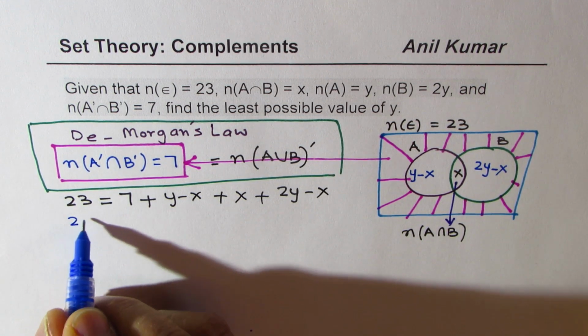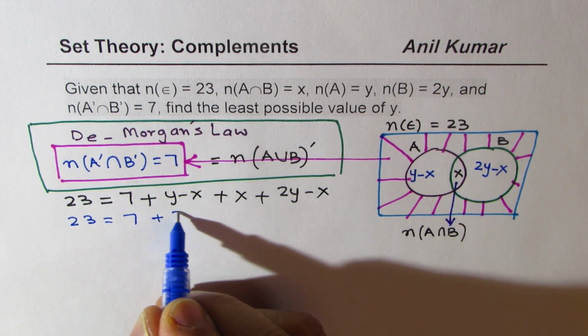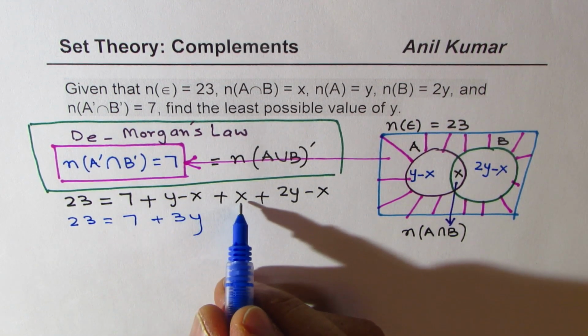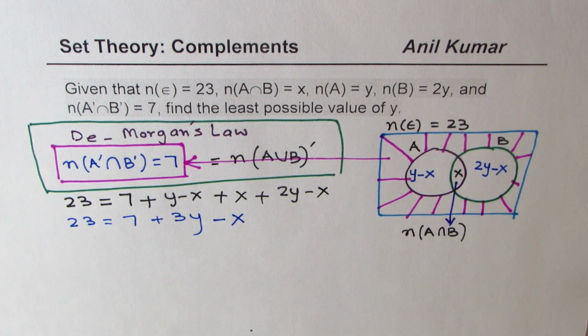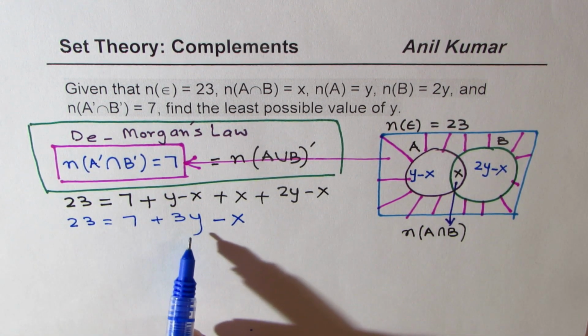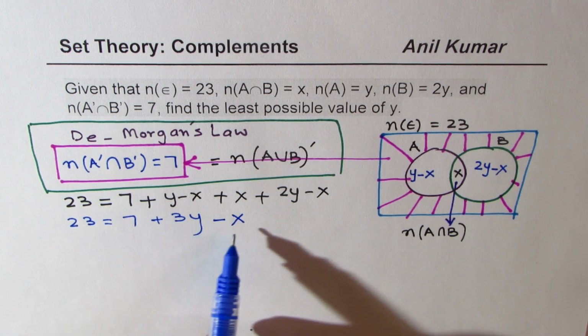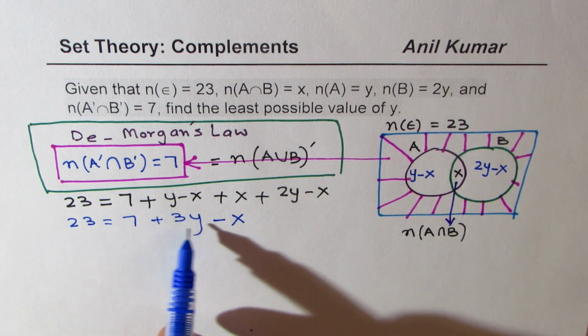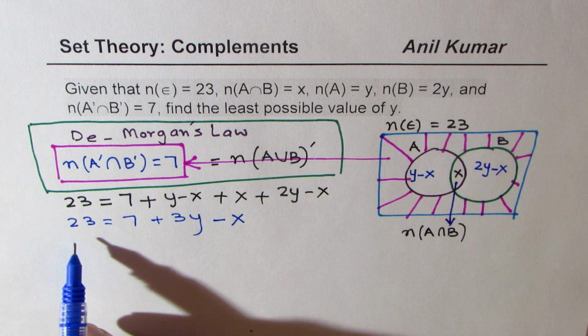So we have 23 equals 7 plus, how many Y's? 3Y, right? Plus 3Y. Minus X plus X is 0, then we are left with minus X. Now we want to find possible values of Y. So what we can do is, let's take X on this side and bring all these elements together.